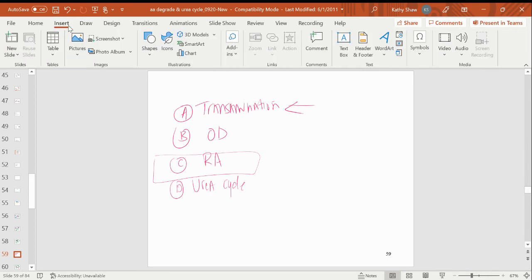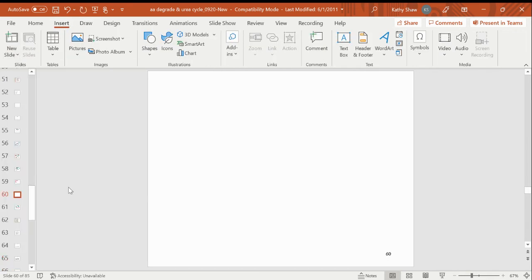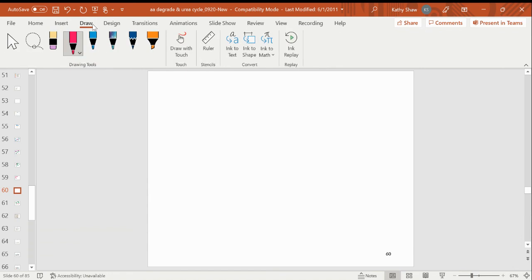Also, be prepared for somebody playing games with this. Let's compare oxidative deamination to reductive amination.